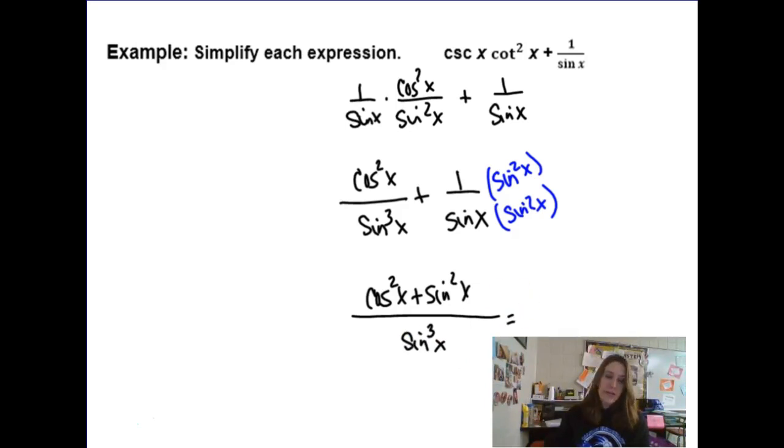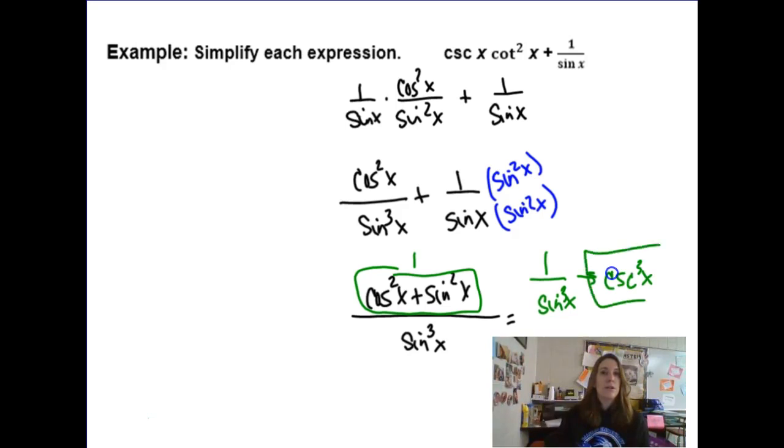And the other trade that seems a little obvious now is cosine squared plus sine squared. That's really just a 1. So I could call this 1 over sine to the 3rd, but probably a more simple way to say that would be cosecant to the 3rd power.